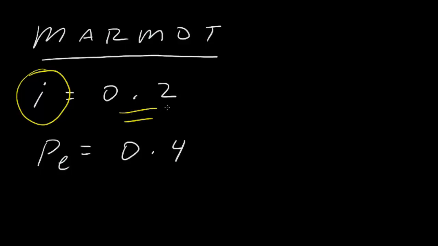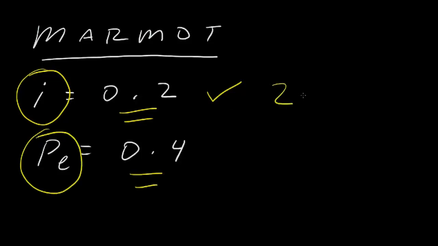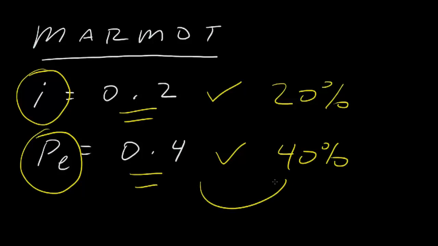It's not terribly vagile, not a great disperser, so we've got a relatively low value for our I term here. And let's say we know that the probability of extinction for sites is 0.4. So here we've got a 20% value, and here we've got a 40% value. So there's a 40% chance that a site will go extinct.